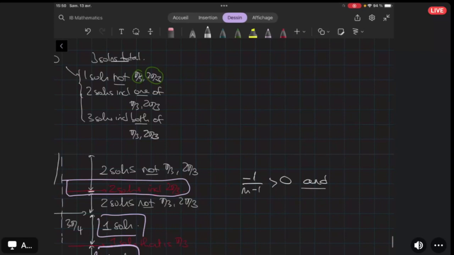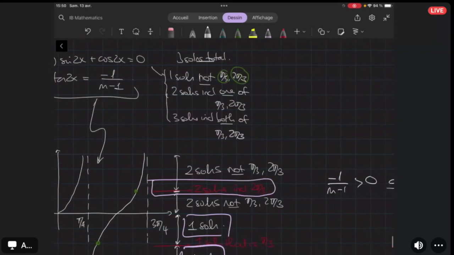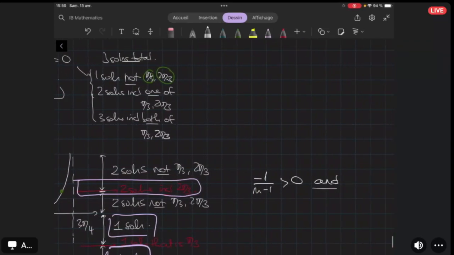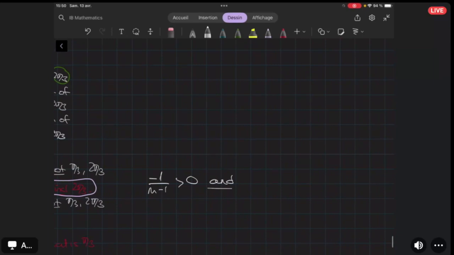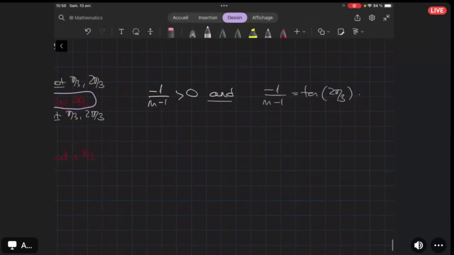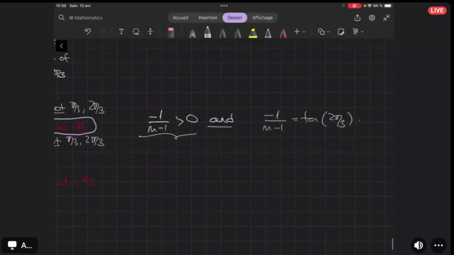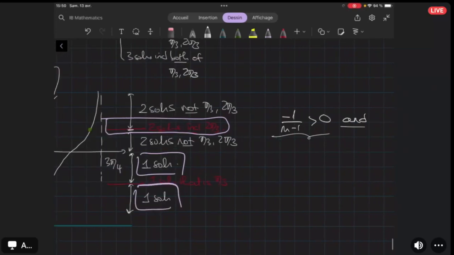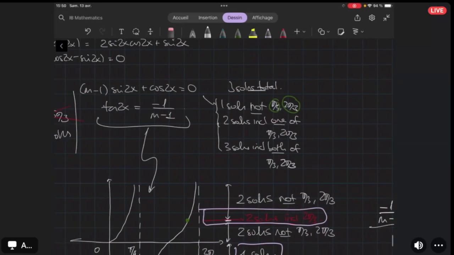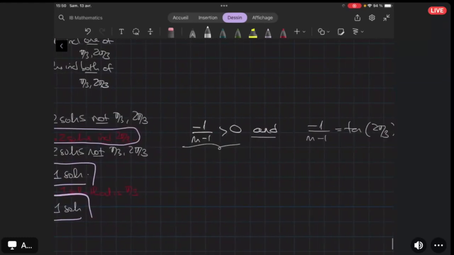And negative 1 over m minus 1 is equal to tan of 2 pi over 3.